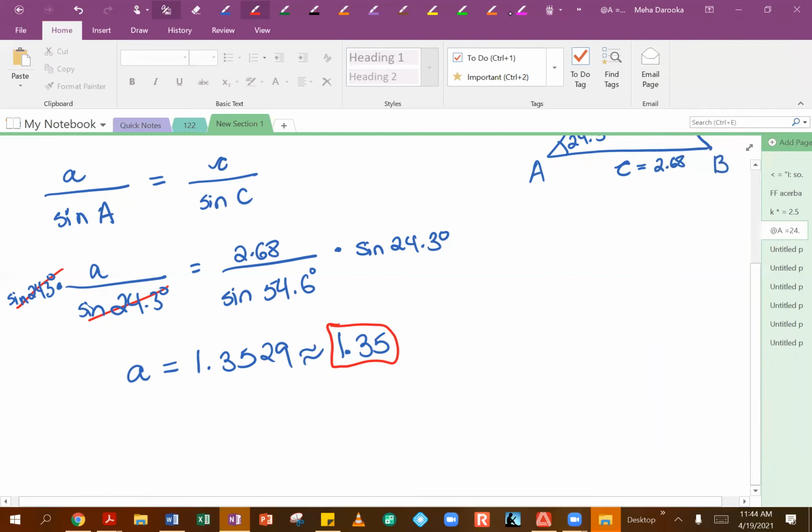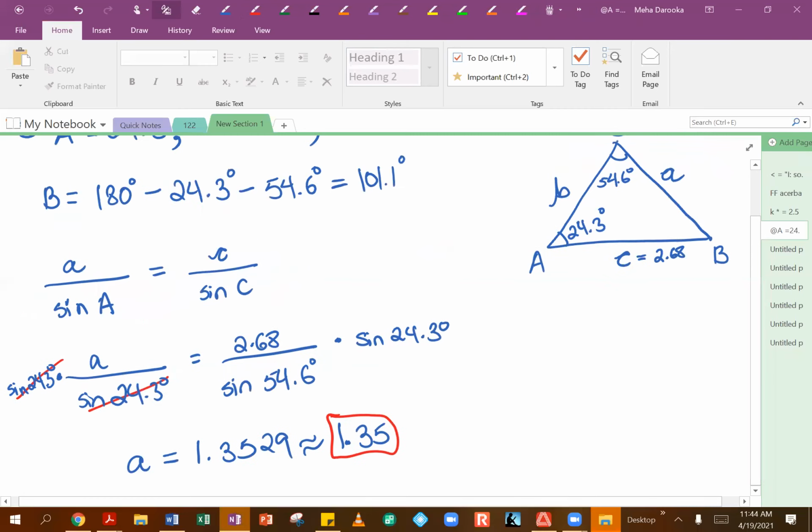Now, remember, we always talk about rounding errors. We are always trying to avoid rounding errors. So since you will see side A is a rounded answer, right? Because the regular answer is much different than a rounded answer.